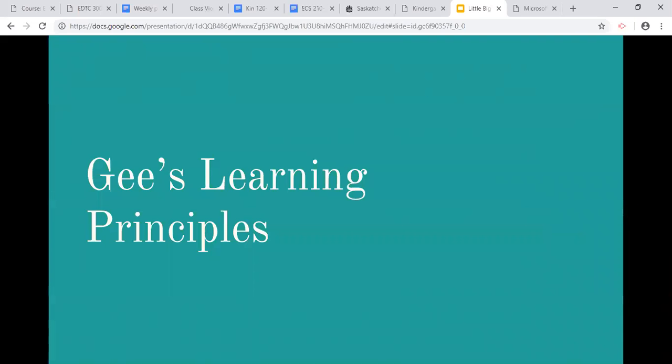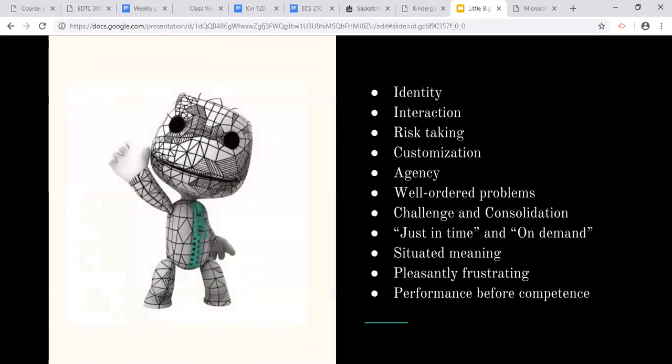And then how it connects to these learning principles. It connects to a lot of these learning principles, and the ones I picked to explicitly mention are identity, interaction, risk-taking, customization, agency, well-ordered problems, challenge and consolidation, just in time and on demand, situated meaning, pleasantly frustrating, and performance before competence.